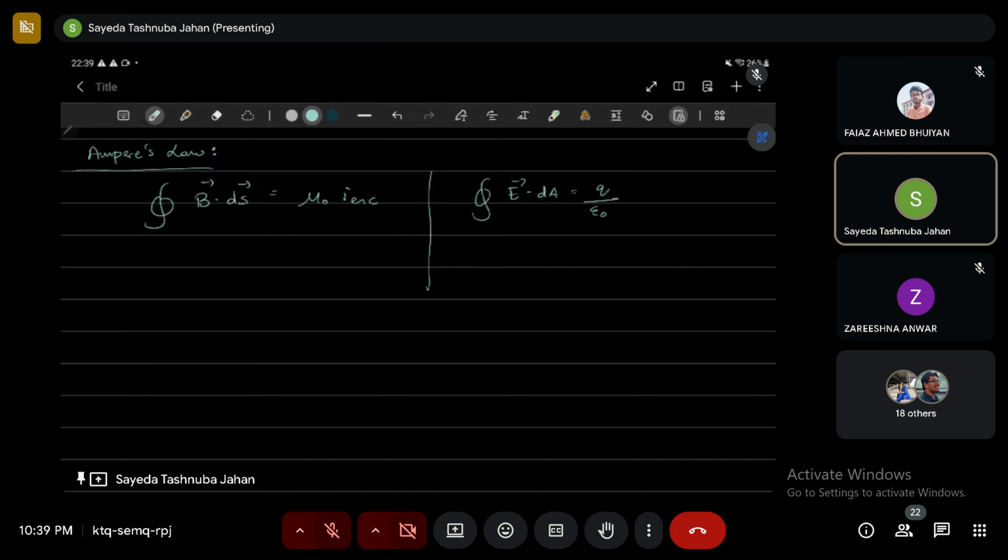So এখানে হচ্ছে, you see, Gauss's law, in this case, you have electric field, ওটার বদলে you have magnetic field. এখানে you have dA, এখানে you have ds, এখানে you have epsilon naught, এখানে you have mu naught, okay? এখানে you have current and এখানে you have charge. So ওরা কিন্তু corresponding variables দিয়ে ফর্মুলাটা বানাইছে, right? And you can understand that in some ways they are same, but of course in other ways they are different.